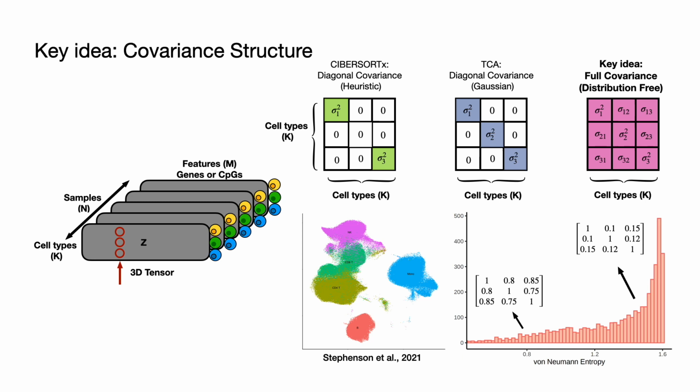What we're showing here on the right panel is the histogram of the entropy calculated per gene across all genes in this PBMC dataset. We want to point the audience to the fact that a non-trivial number of genes harbor this very strong co-expression pattern amongst the cell types, so it justifies our attempt to model the entire variance covariance matrix.